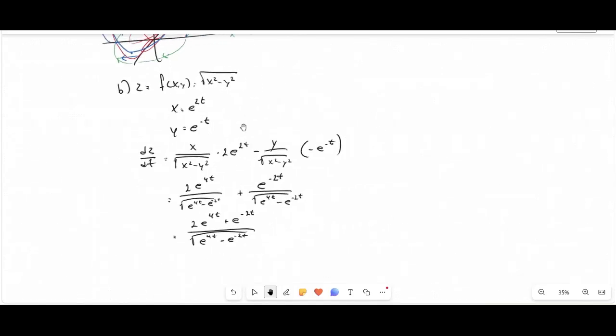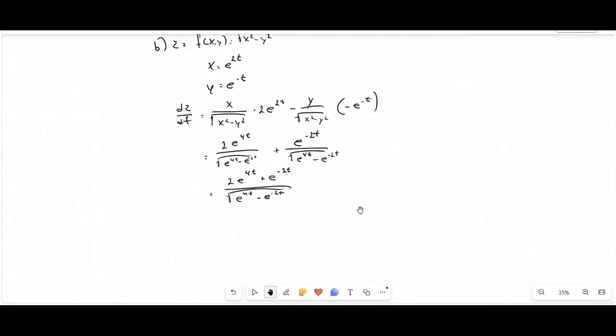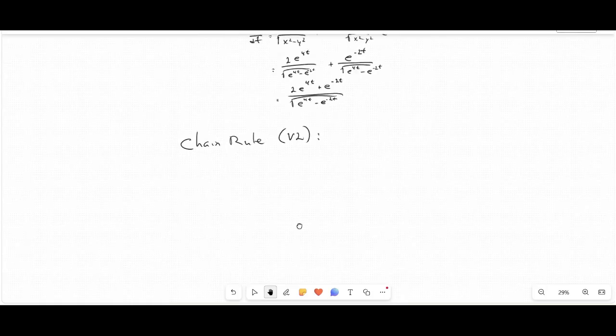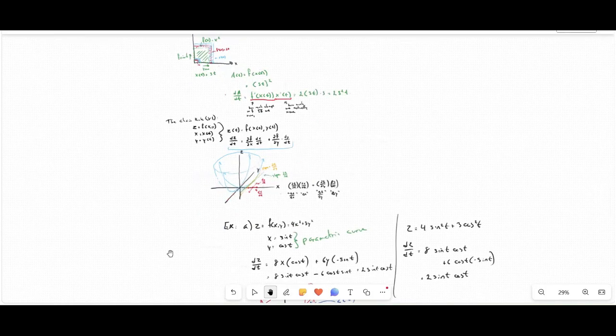That's kind of the first chunk of this section. Now I'm just going to write this out, chain rule version 2. There's no new insights here. There's just more variables. So let me just remind you what the first one was.